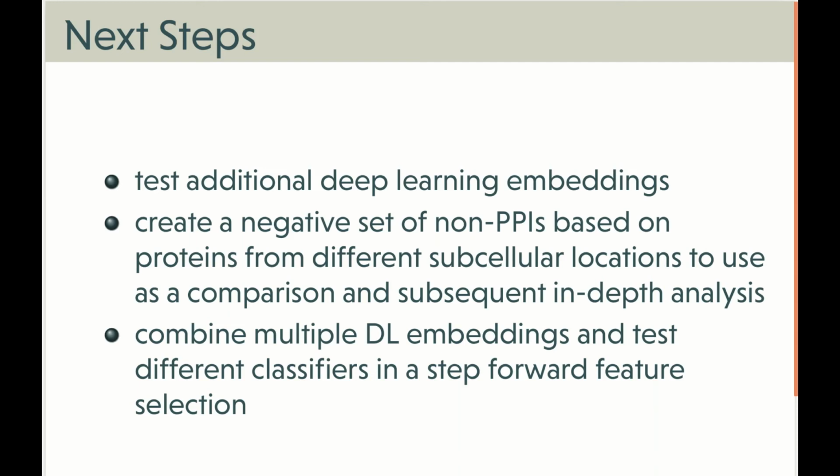We will also combine multiple deep learning based embeddings and test different classifiers, not just the random forest that we analyzed, but we will also use different classifiers such as logistic regression and other machine learning classifiers.